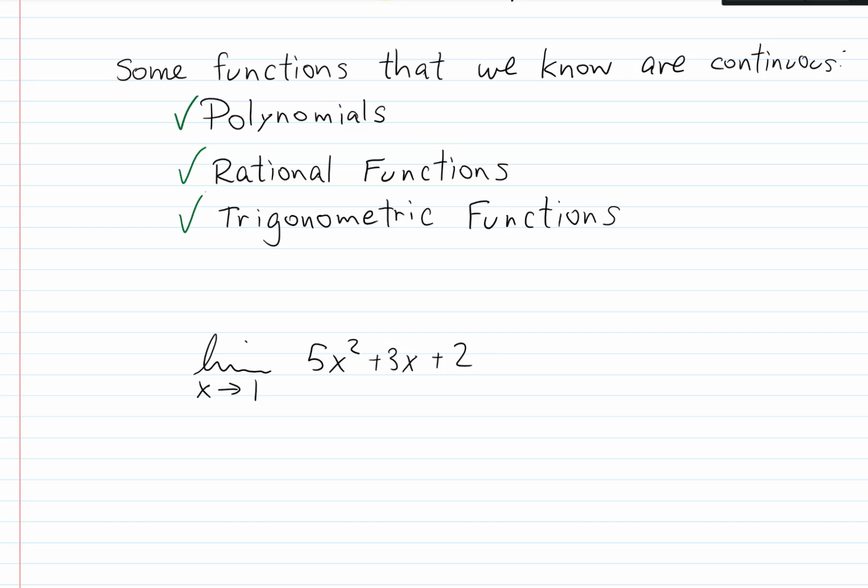So now you know that if you want to find that limit as x approaches 1, you in fact can plug in 1. Because why? Because it's a polynomial, so it's continuous. So the limit as x approaches 1 equals f of 1. And you're going to get 10 as the answer. You see how that makes finding the limit much easier?